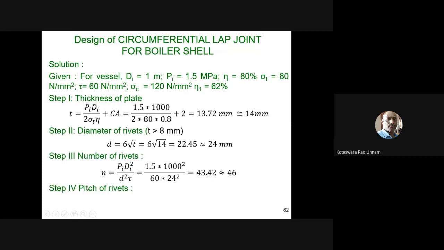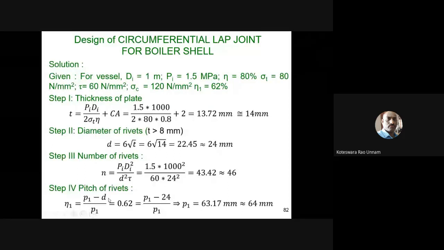Then we need to calculate the pitch of the rivets. Like we already discussed in the previous class, the pitch of the rivets is calculated based on the efficiency of the circumferential joint, which is given as 62% here. Based on that we can use the formula eta 1 is equal to (P1 minus d) by P1, where P1 is the circumferential pitch. d we already calculated, which is 24.